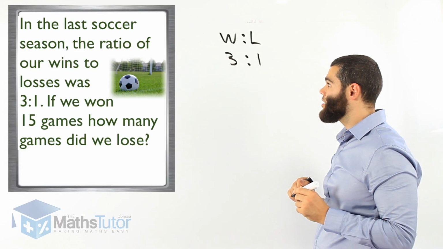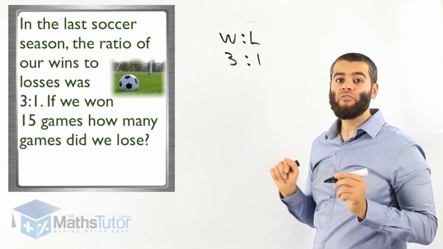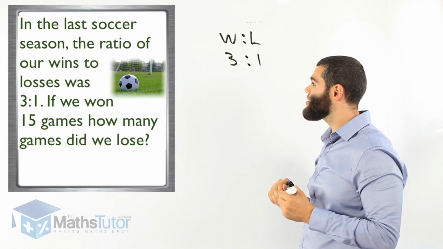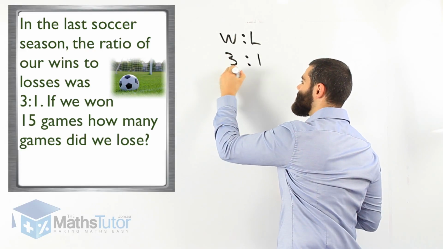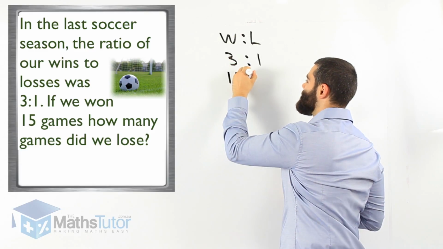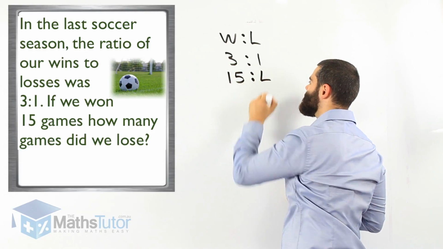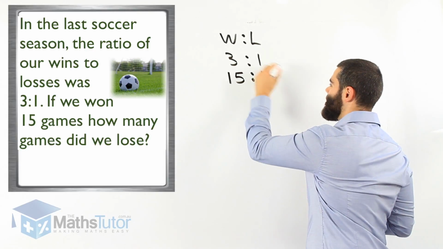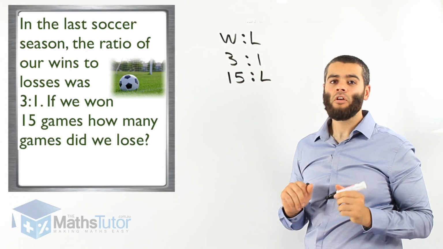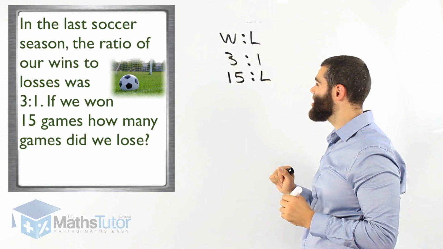If we won 15, how many did we lose? 15 wins. Where did that sit? It sits under the wins column. And the losses, we need to find out how many losses happened in this season.